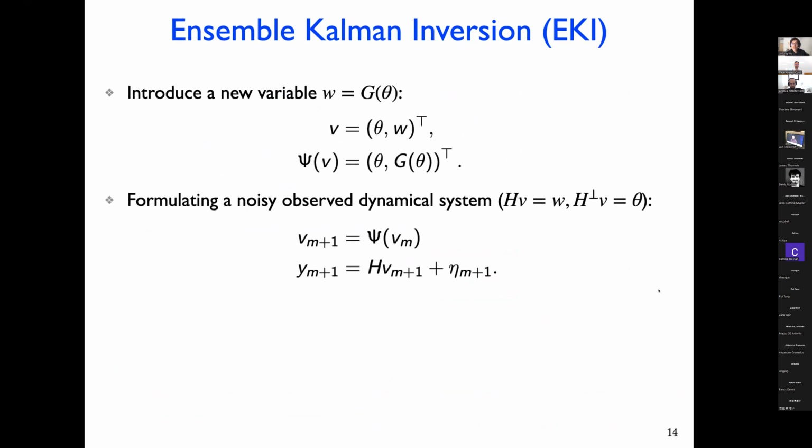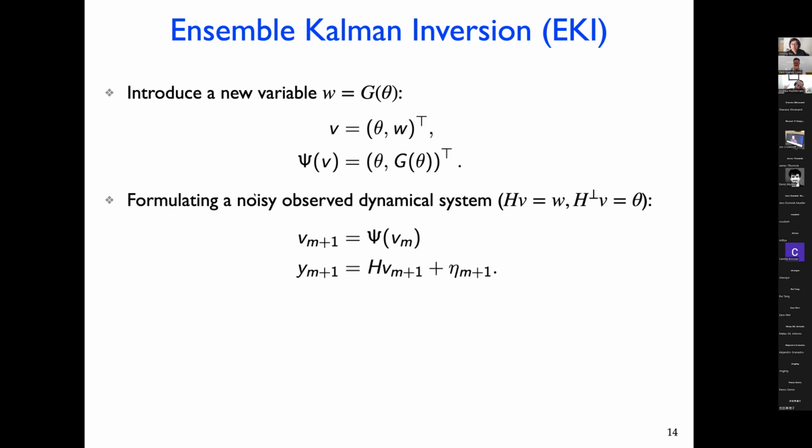To further illustrate this point, we can view ensemble Kalman inversion, EKI, in such a way that if we introduce a new variable W equal to the evaluation of the forward model, we can augment the unknown parameters theta with this new variable. Then we can formulate a noisy observed dynamical system in the form presented in the middle of the slide.